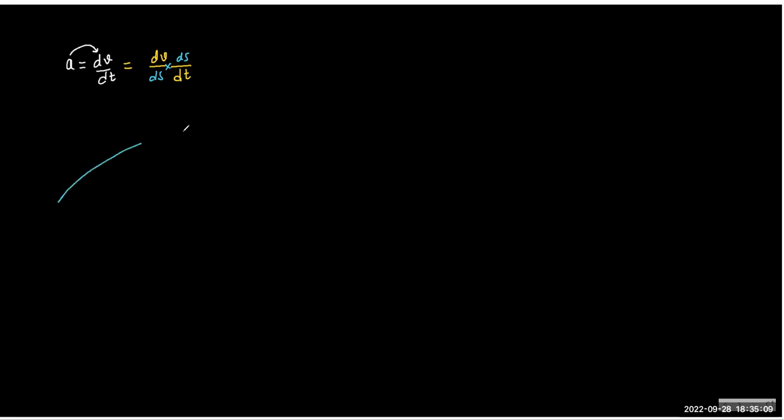Let's say we have a random shaped path, not a straight line, and you're moving along this path. You move from here to here, a very tiny displacement. We call this ds, and the direction of instantaneous velocity will be along this line. We call it v.